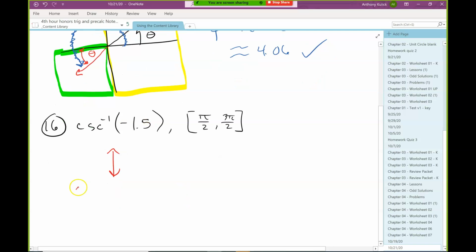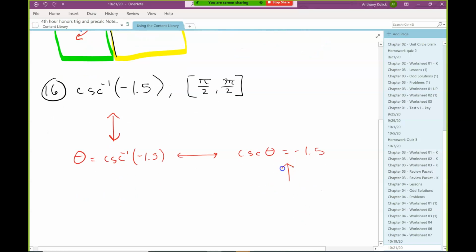So I remember that theta equals cosecant inverse of -1.5 is equivalent to cosecant of theta equals -1.5, just using our definition of inverses. And I remember sine and cosecant are reciprocals, so I can say 1 over sine theta is equal to 1 over -1.5.